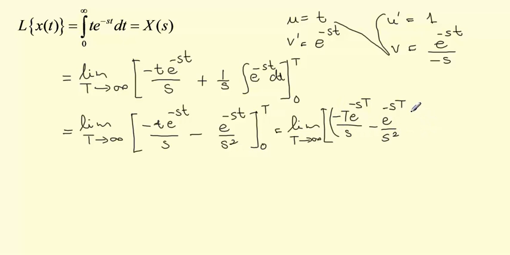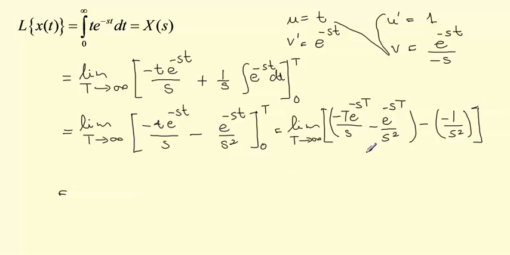That is the value at the upper limit. Then at the lower limit, when you set 0 here, we're going to have this as 0, but when you set 0 there, we're going to have 1, so we have minus 1 over s squared, and we close the last bracket there.